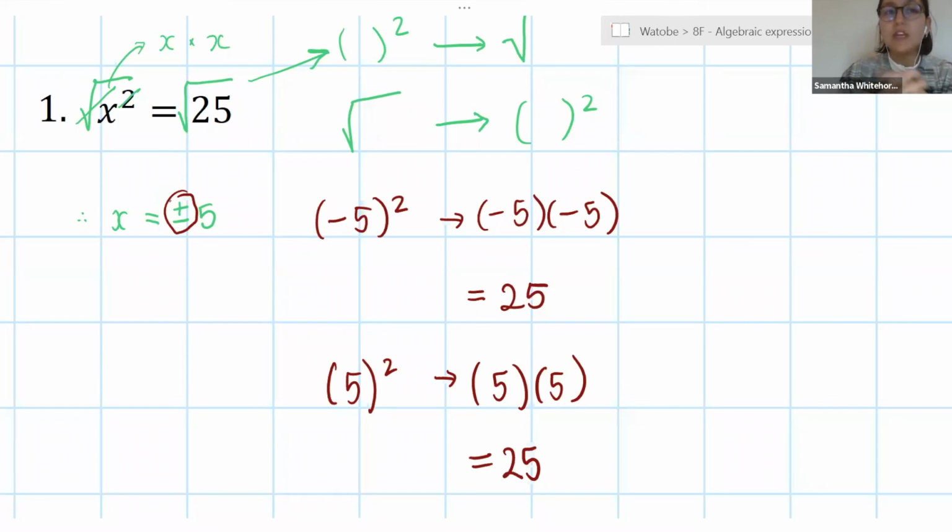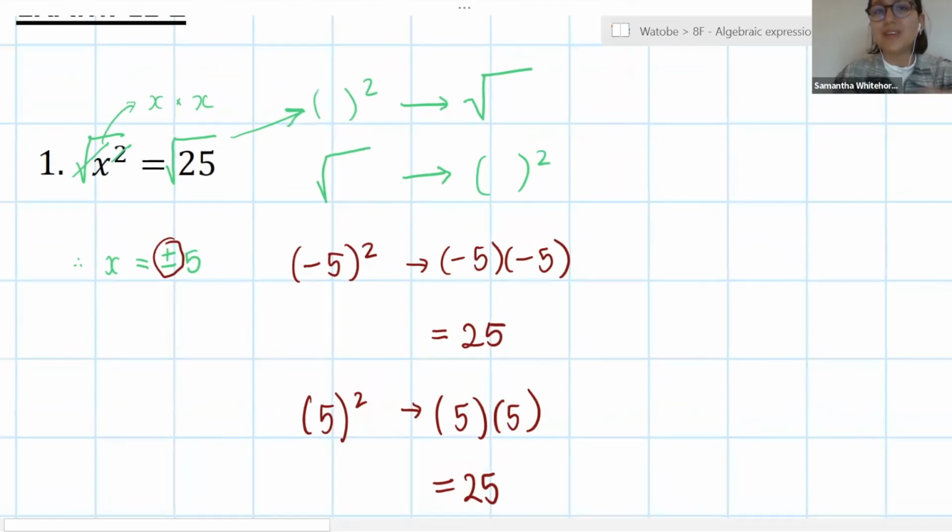Okay, so if you get an equation, I'm saying it again, so listen up to those of you who said, please explain again. If you have an equation where you've got a squared or any exponent, what we do is we do the inverse. So if it is being squared, we now need to square root, which is what I've done in my equation. I wanted to get just x, not x squared, so I square rooted both sides.